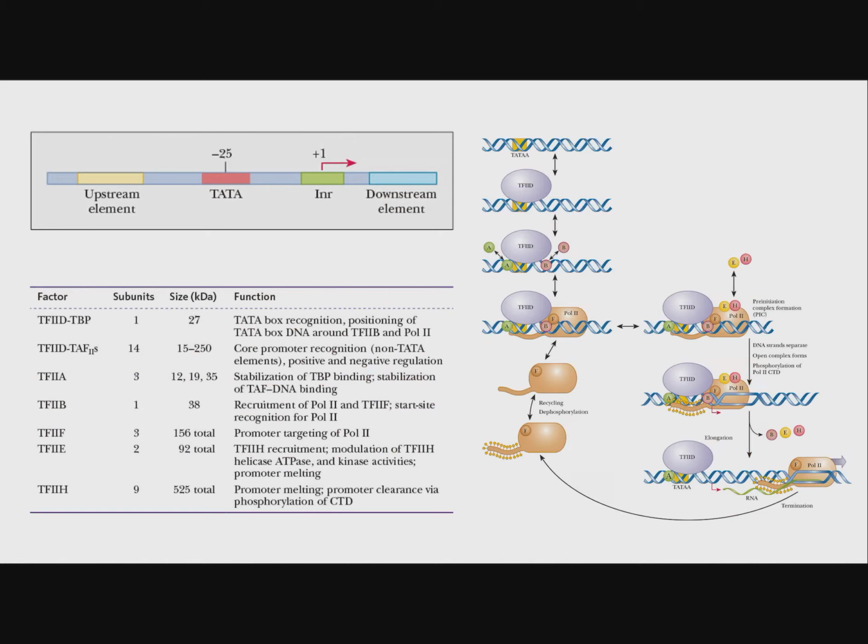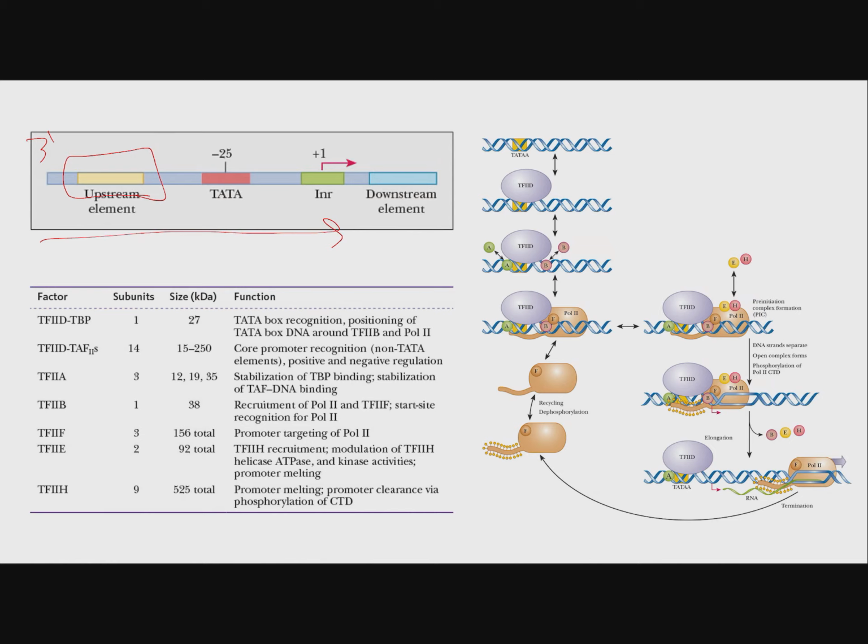So upstream elements are anything that's closer to the 3' end of the gene being transcribed than the 5' end, okay? Where DNA is being read in this direction, right, to make the template. So anything that far is called upstream elements.